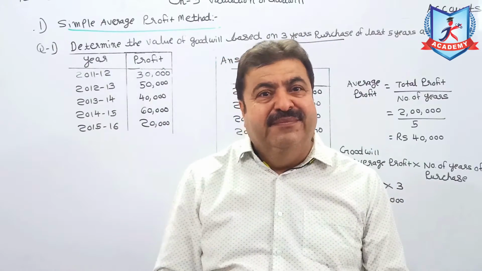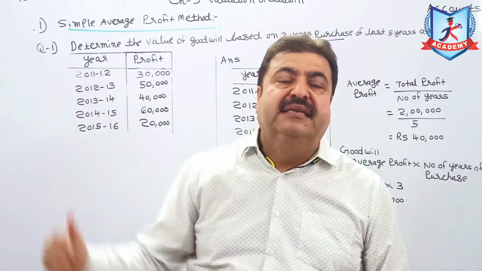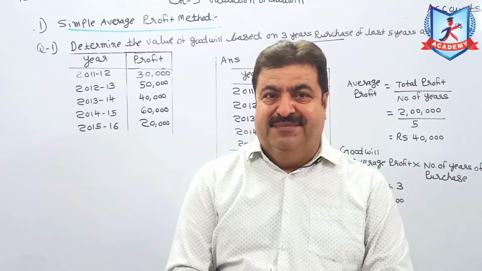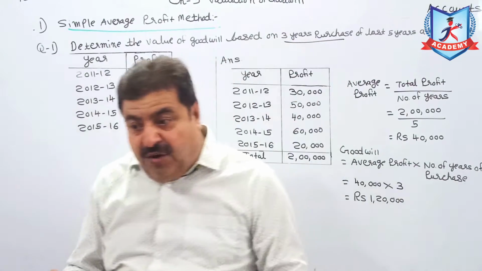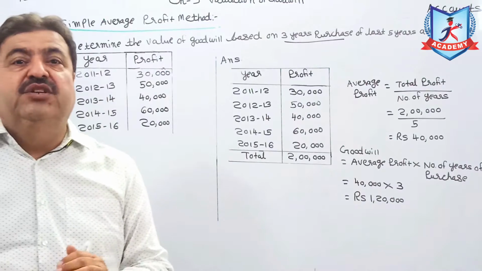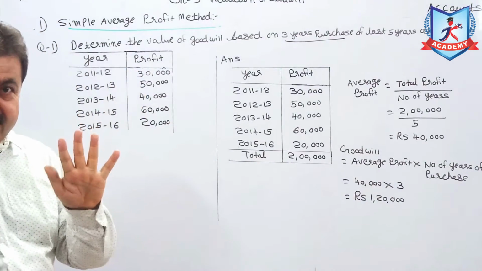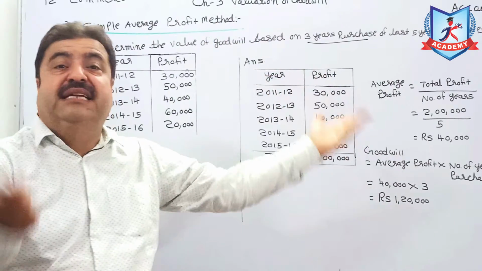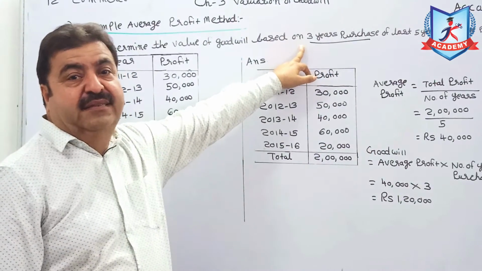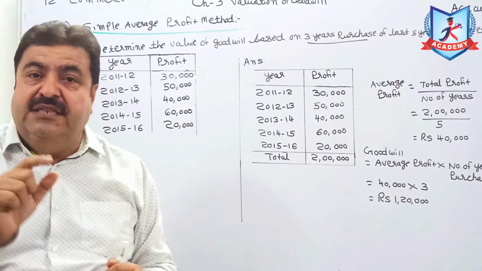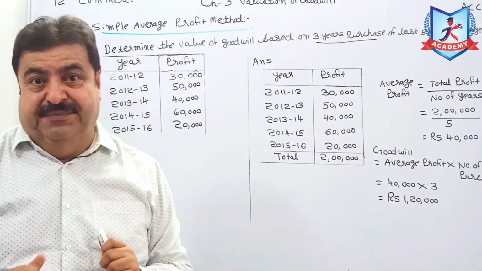For irregular profit, we use the simple average profit method. In the question, you will be given total profit of 5 years, and asked to calculate goodwill at 2 times, 3 times, 4 times.